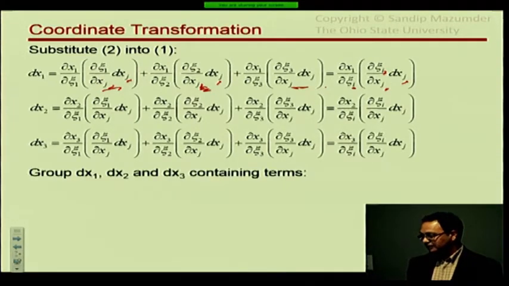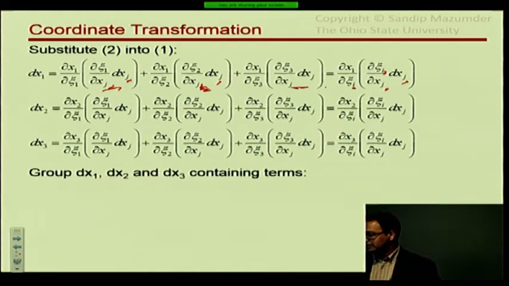Now, as I said, each of these guys has dx1, dx2, dx3, and so forth. This one has dx1, dx2, dx3. Same thing here. So what we are going to do is group these terms. For example, on the left hand side I have that. On the right hand side I am going to have some dx1 containing terms from all 3 of these.